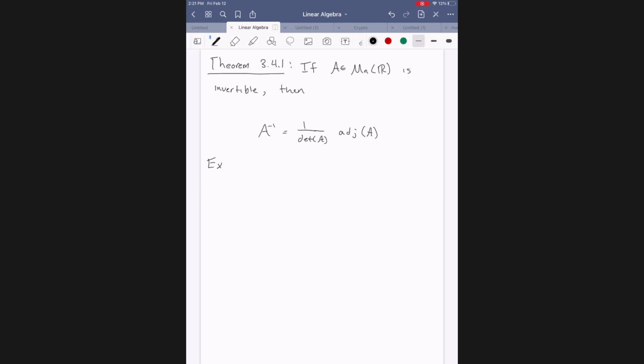Example 3.42. Let's show that if A is equal to the matrix with entries A, B, C, and D, and AD minus CB is not 0, then A inverse is equal to 1 over AD minus CB times the matrix D, minus B, minus C, A. So this is the formula I gave you, remember, as a result.